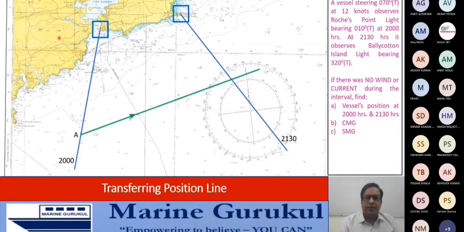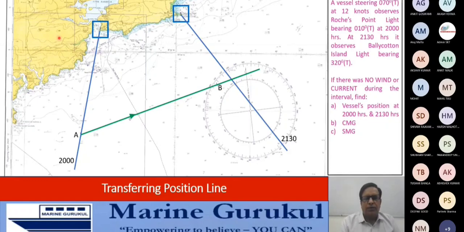This CTS is represented by a single arrow, you can see. The magnitude of this vector shall be the engine distance for 1.5 hours, the interval between 2000 hours and 2130. So at 12 knots, the distance becomes 18 miles. So from A, we mark off 18 miles and we get point B on the CTS line.